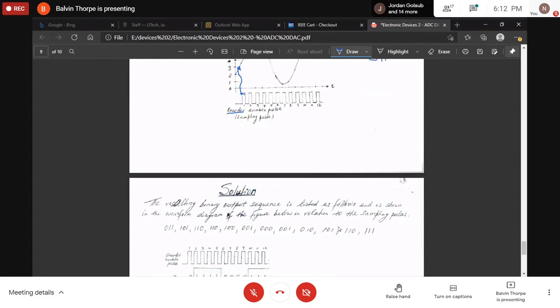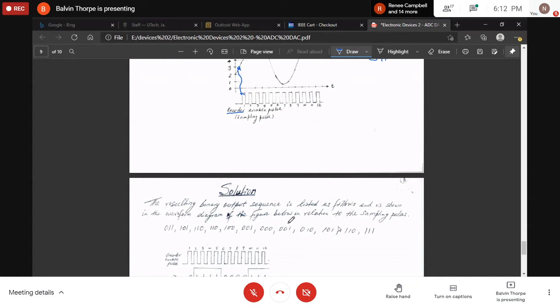So here the resulting binary output sequence is listed as follows and is shown in the waveform diagram of the figure below in relation to the sampling pulse.